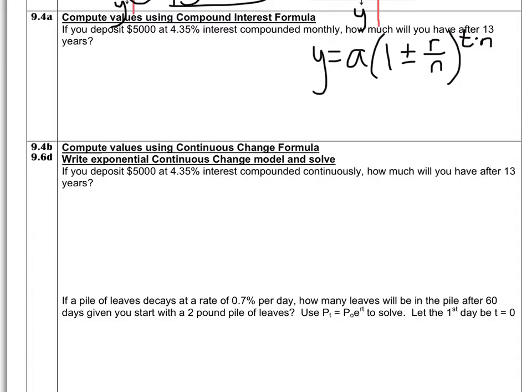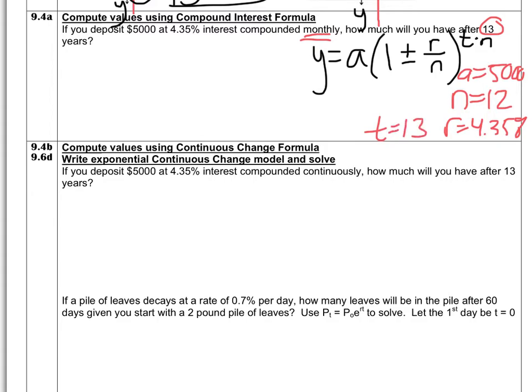So that monthly right now is our time period per year, so n is 12. By the way, the rate is 4.35%. The $5,000 is going to be your starting amount on that. And they want us to find out how much after 13 years. So that 13 years is our t.